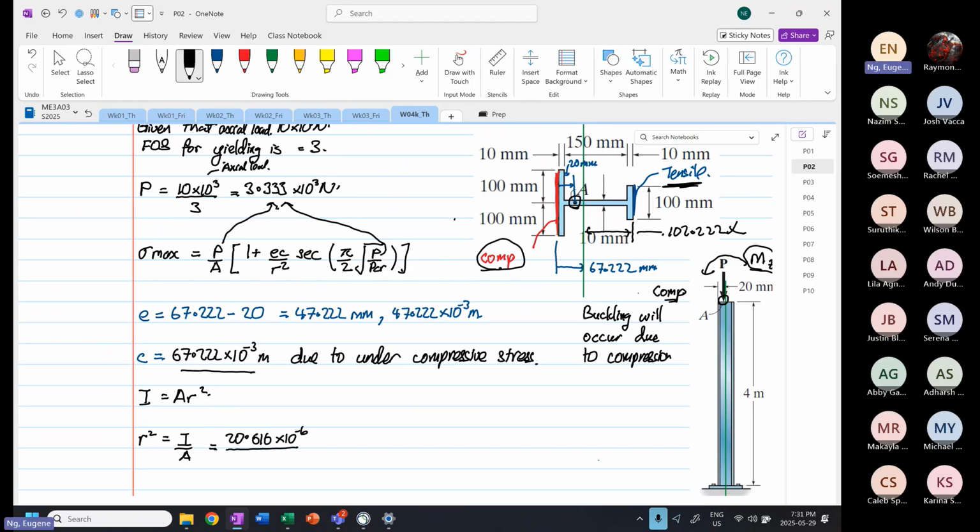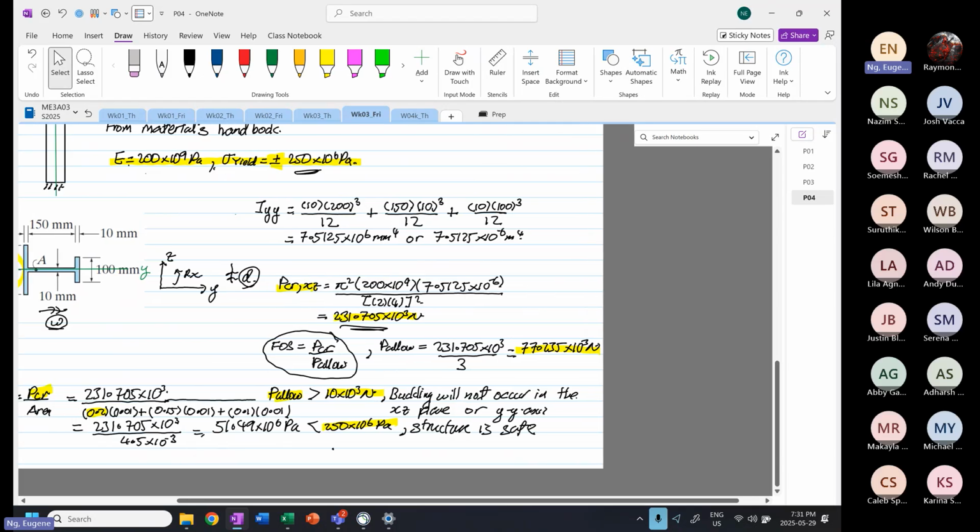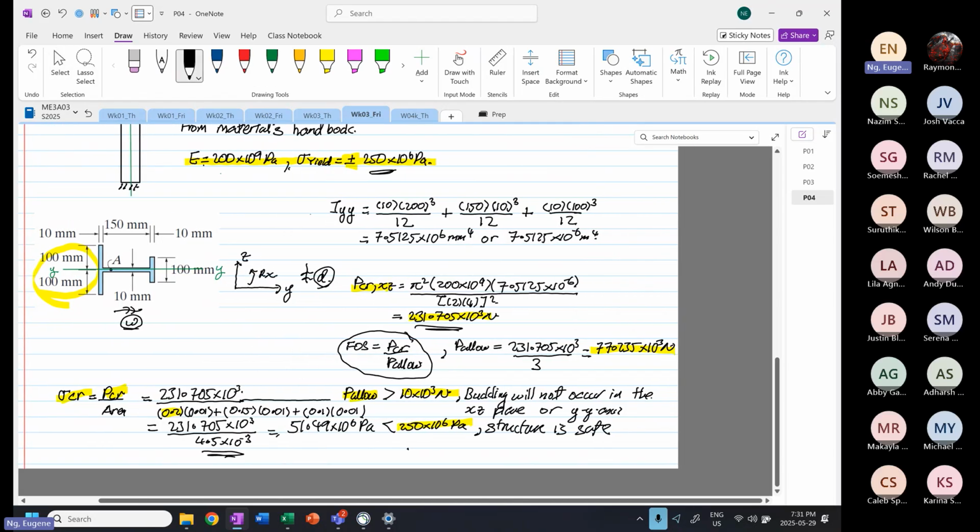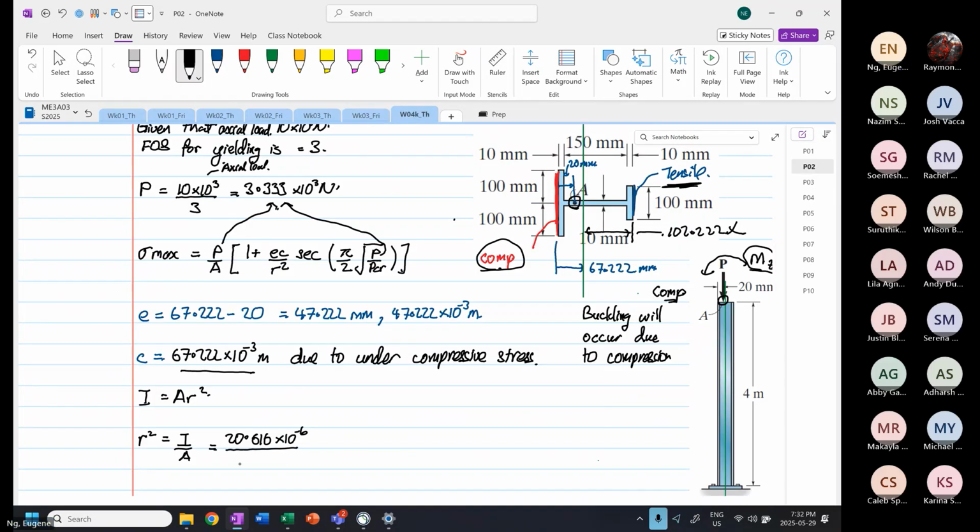And our area, we calculated the last time, over here, is 4.5 times 10 to the power minus 3. So this will be equal to 20.616 times 10 to the power minus 6 over 4.5 times 10 to the power minus 3. So it's equal to 4.5813 times 10 to the power minus 3.